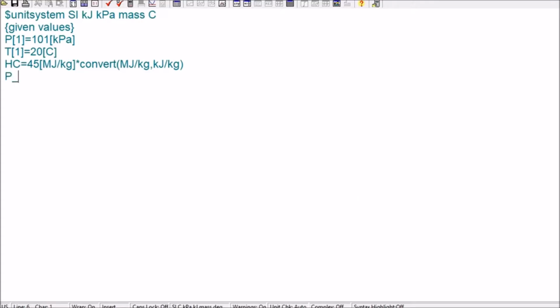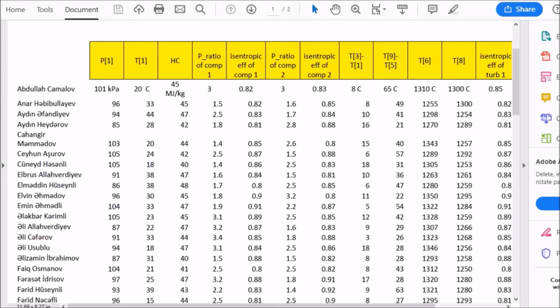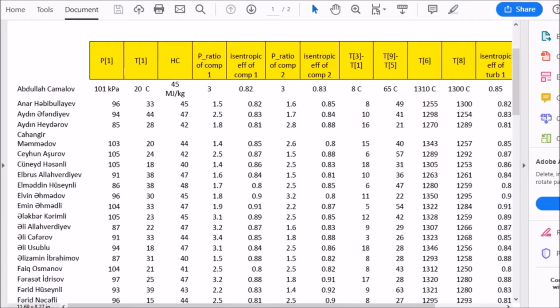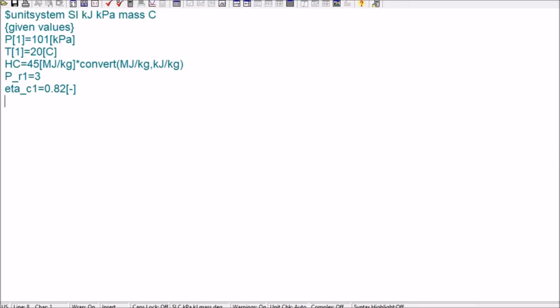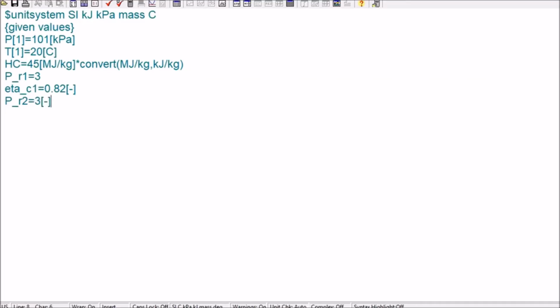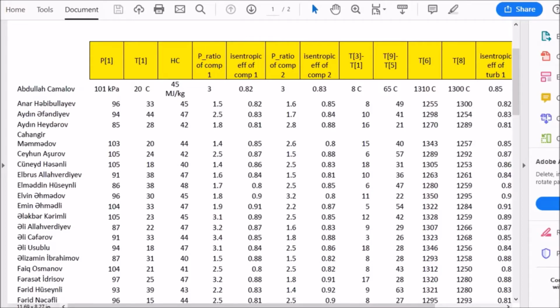And the pressure ratio 1 is how much? 3. And eta compressor 1 is 0.82, and P ratio 2 is 3. Again, the same pressure ratio as we have.